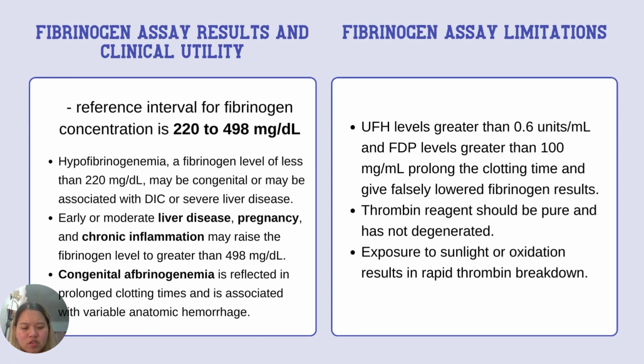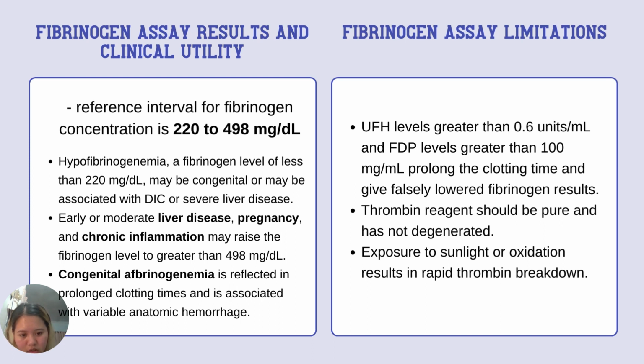So for fibrinogen assay results and clinical utility, the reference interval for fibrinogen concentration is 220 to 498 mg per dl. For hypofibrinogenemia, a fibrinogen level of less than 220 mg per dl may be congenital or may be associated with DIC or severe liver disease.